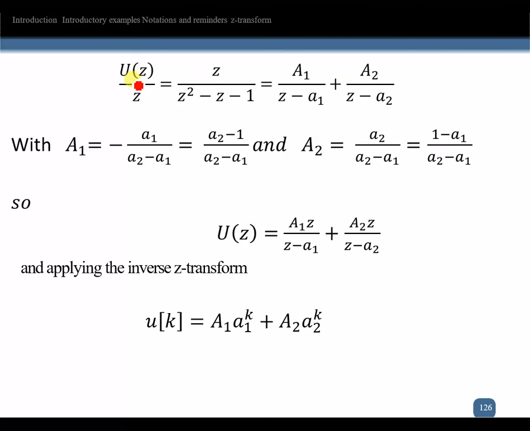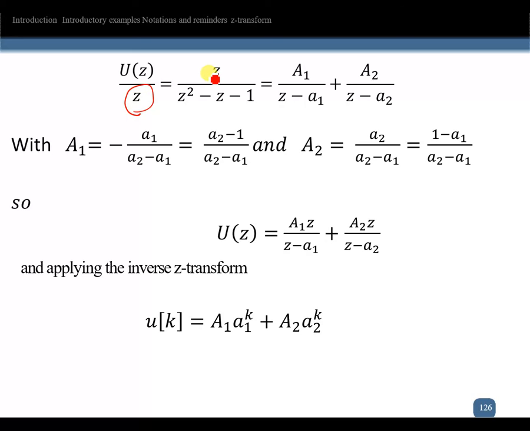If you factorize z from the numerator, U(z) divided by z will be z over z² − z − 1, and here it becomes two terms, a1/(z − a) and a2/(z − a). You find a1 and a2 easily by substituting into the system.